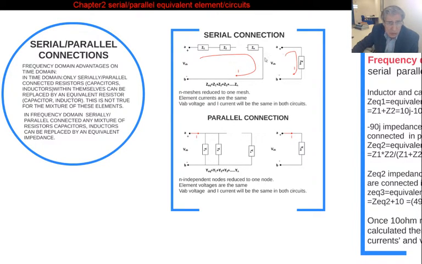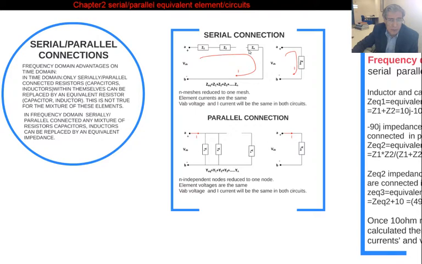It is easy to prove, so you could do it on your own. So what happened here: the number of nodes has been decreased. In here, apart from the ground node, we've got n nodes.